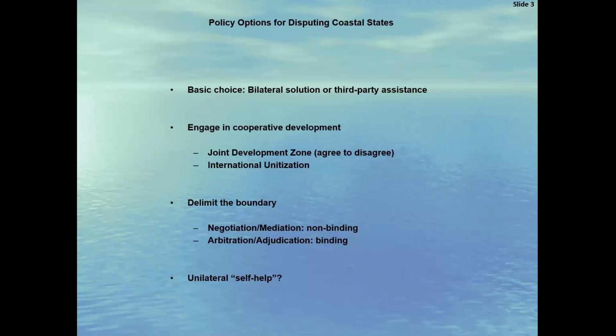Now, disputing parties can also seek to delimit the disputed boundary through negotiation or through non-binding mediation or conciliation by a third party. Or the boundary dispute can be submitted to a third party adjudicated solution, either through ad hoc arbitration or adjudication by a standing tribunal. And that's, of course, what happened here in the case of Somalia and Kenya.